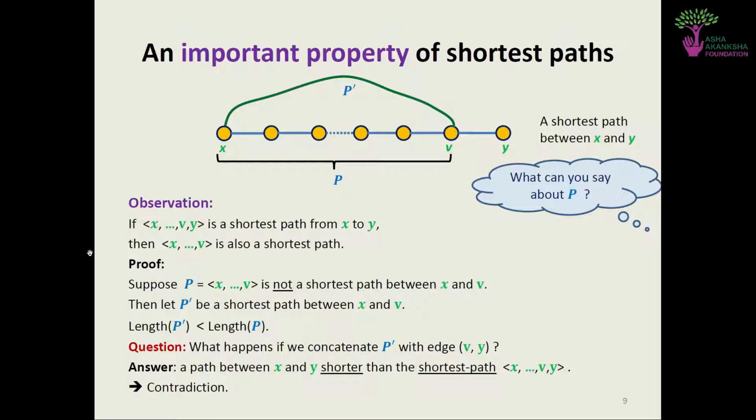But it was given that p plus this edge v to y was the shortest path from x to y. So here comes the contradiction. Thus this cannot be the case, and we can conclude that capital P is the shortest path from x to v. So using contradiction, we were able to prove this.